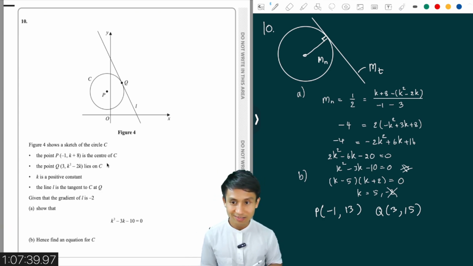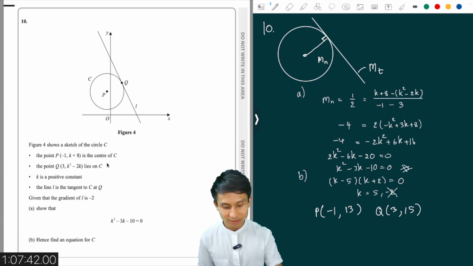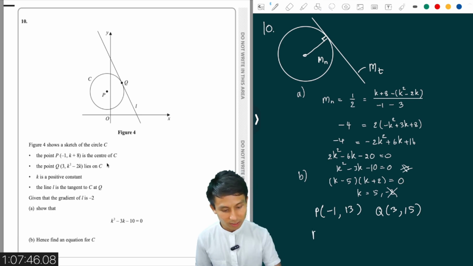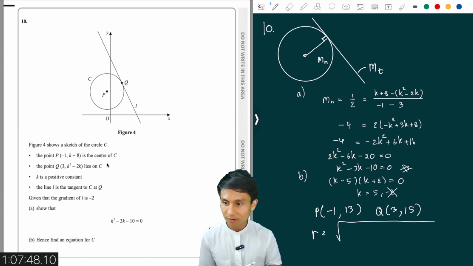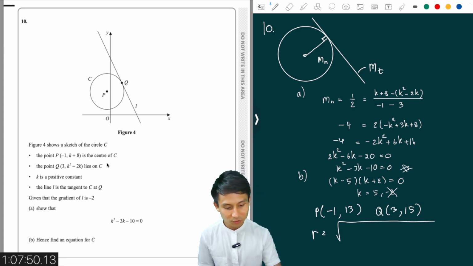So P is the center. Now we need to find the radius to form a circle equation. The radius is the square root of, doing Pythagoras between the two points, 15 minus 13 squared plus 3 minus -1 squared.